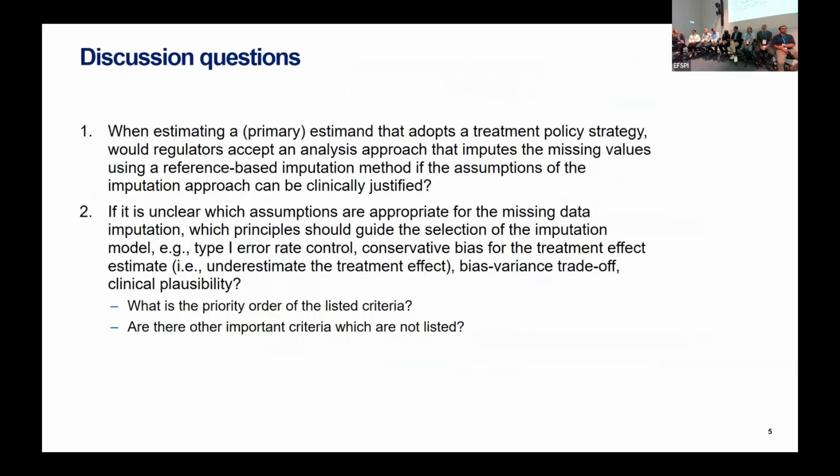And the second question is, if it's unclear which assumptions are appropriate for the missing data imputations, which principles guide the selection of the imputation model? For example, how important is type 1 error rate control, a conservative bias for the treatment effect estimate, the bias-variance trade-off, and clinical plausibility?